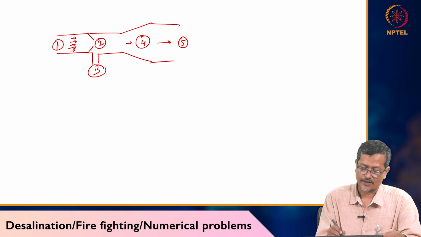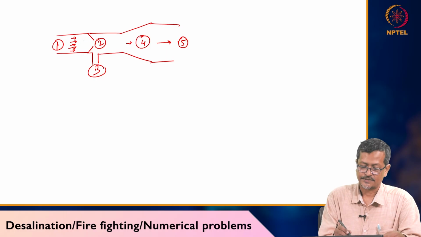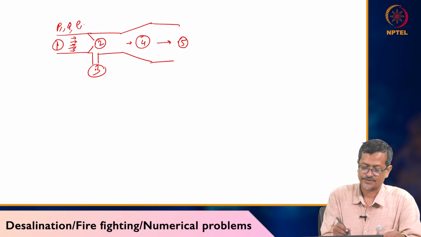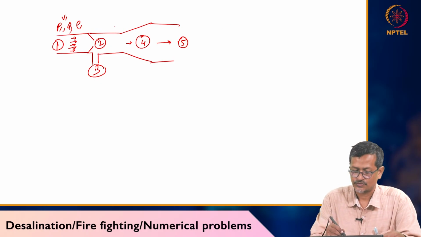Now how are we creating vacuum? Say high velocity fluid is having P1, Q1 flow rate, constant density rho, and velocity V1. Then what is the velocity at 2?